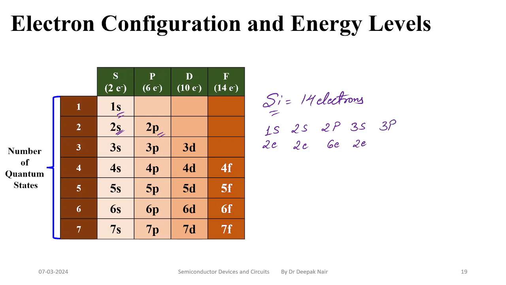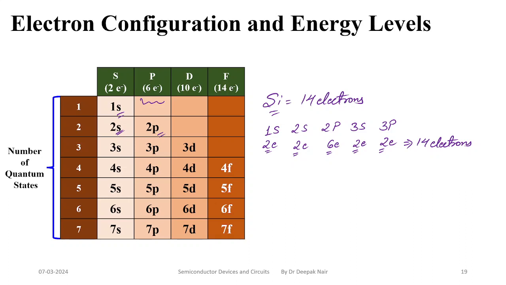Last we have 3p, but it will not take 6 electrons as usual; rather it will take only 2 electrons, because 2 plus 2 plus 6 plus 2 plus 2 is equal to 14. We have used all the electrons.